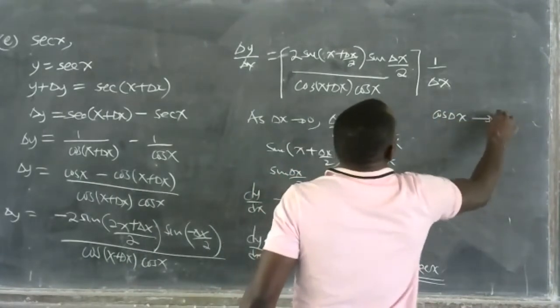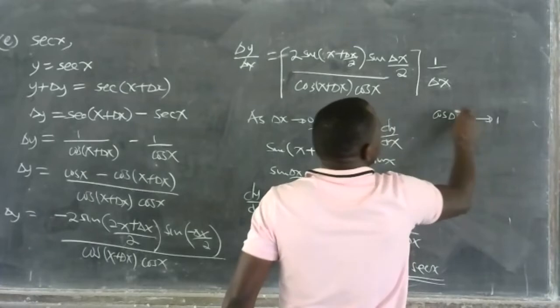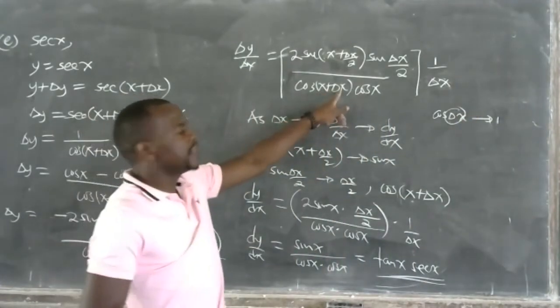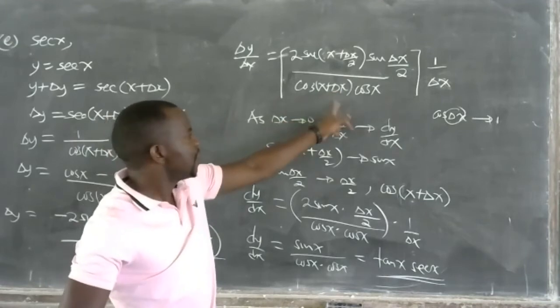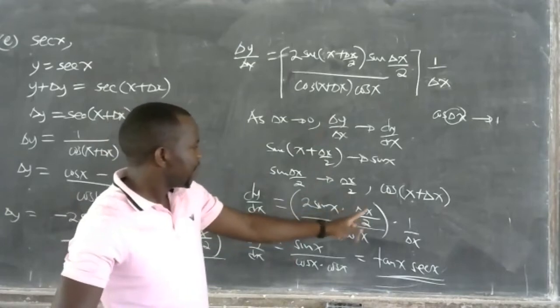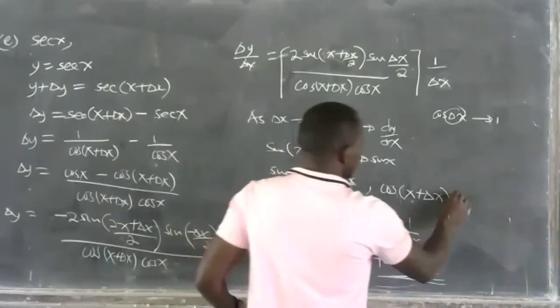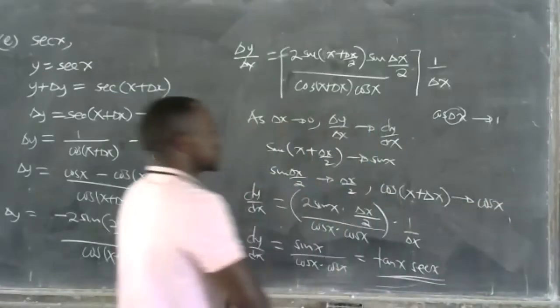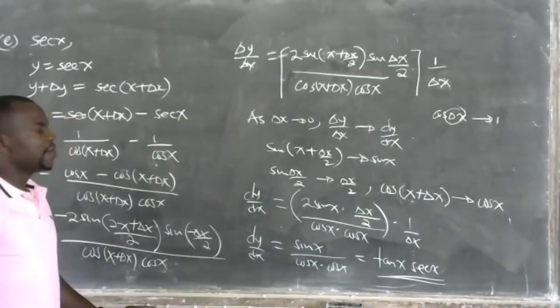This one becomes 1. But here we are adding x plus the change. This will now still remain and we only get this. Okay? Here. This will turn to cos of x. It doesn't become 1.